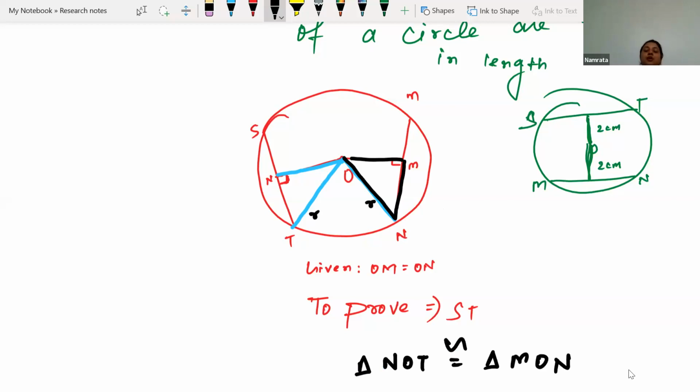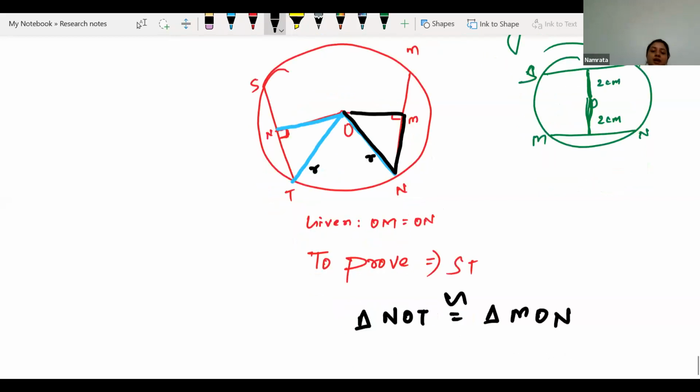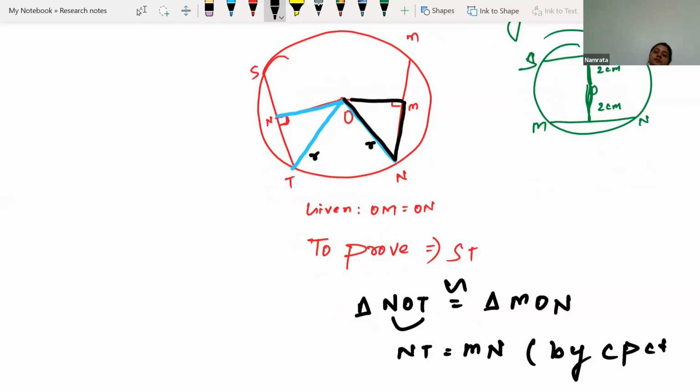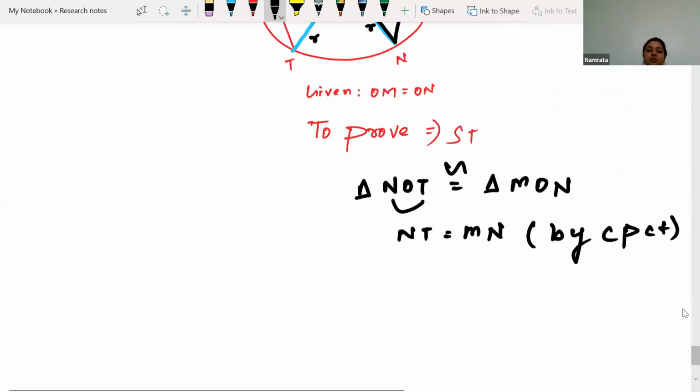Now from here we can say that NT will be equal to MN, by CPCT. And once these two are the same, 2 times NT must be equal to 2 times MN.